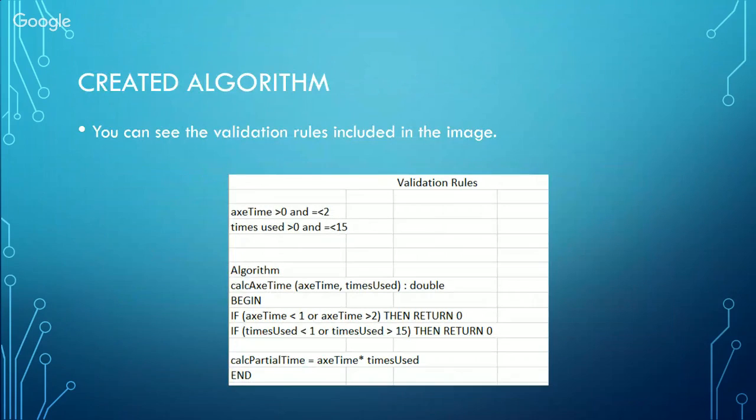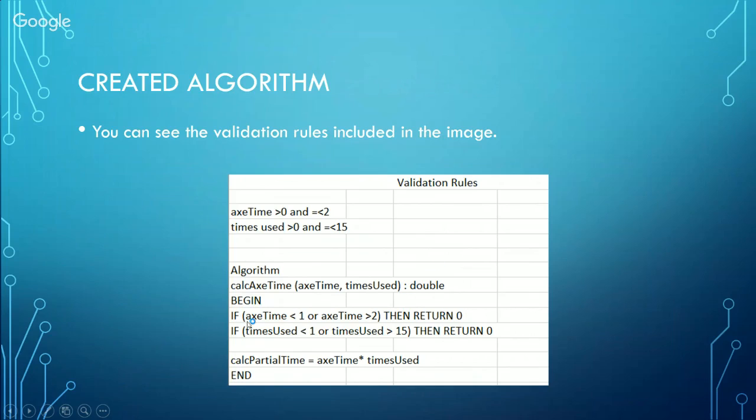After creating the test matrix, we needed to create the algorithm, which is the solution for the problem. You can see in the image that I included the validation rules, so I won't forget them when writing my code. And the algorithm reads like this: calculate X time. It has two variables, X time and times use, equals double, so a number will be the result.